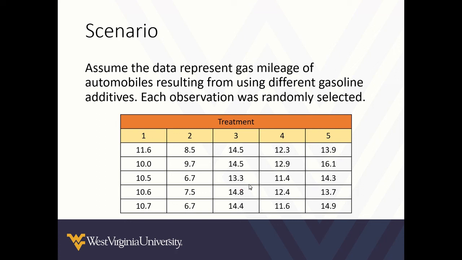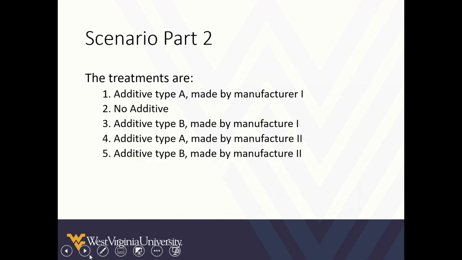And it kind of looks like treatment 3 and 5 have a little bit higher than 1 and 4. Can I prove that significantly? That's the question.